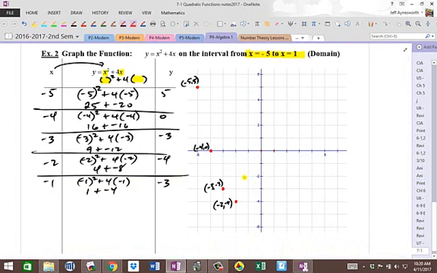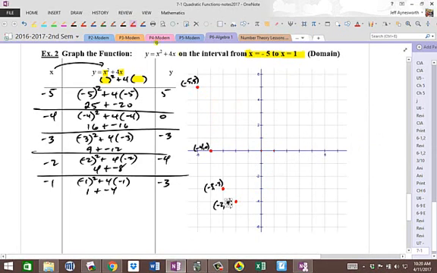So left 1, down 3. Notice it's going down and then back up. So I can see my vertex right now. It's -2, -4.